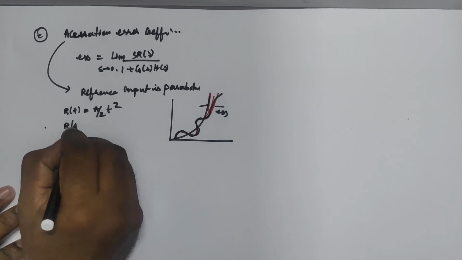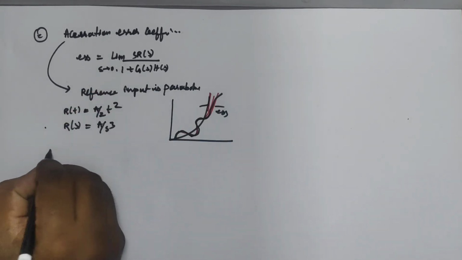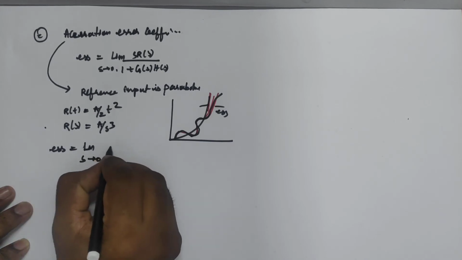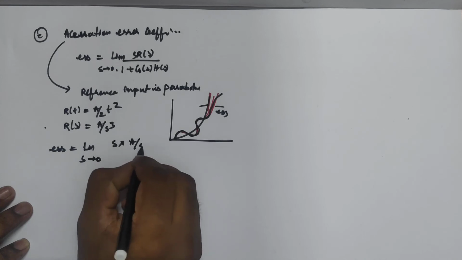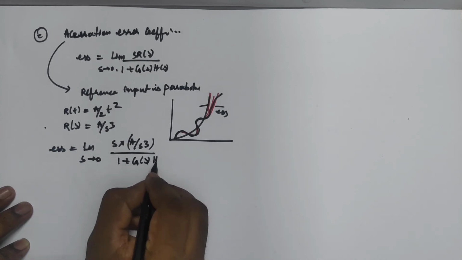Then r of s is a by s cube. Substituting this here, we have limit s tends to 0 of s into a by s cube by 1 plus g of s h of s.